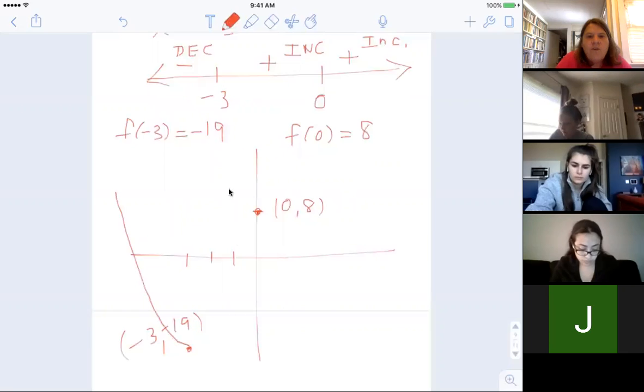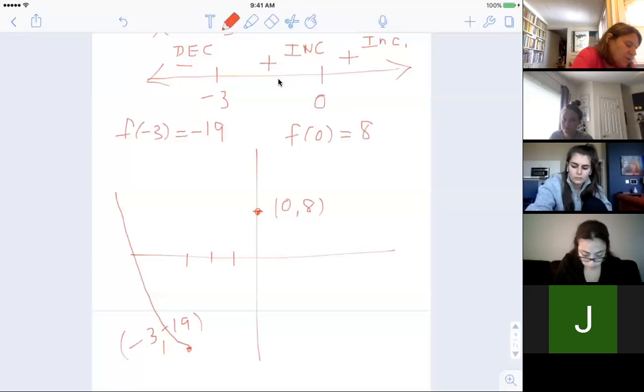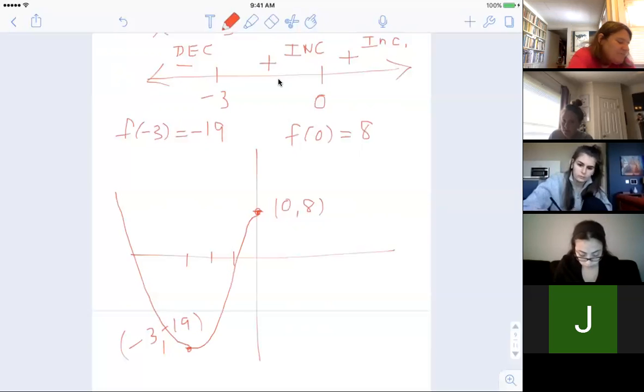Okay. What does it do between -3 and getting to this point? Well, it's increasing, which we know means going up. Now, because I kind of know what's going to happen, that was a place where the derivative was 0.